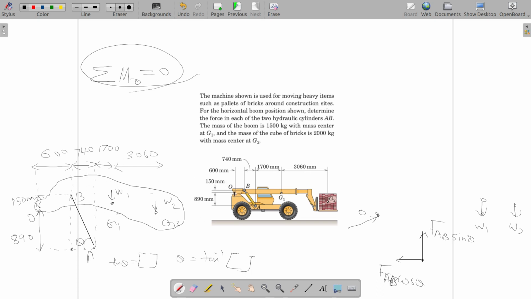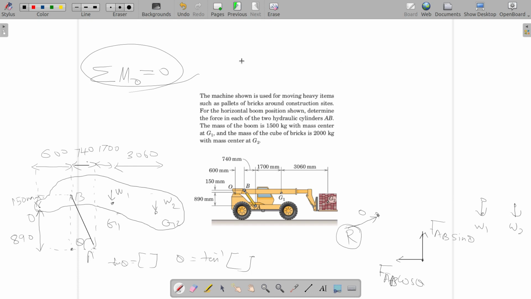From this support, there is some force about which we don't care because it's passing through O and we are taking moment about O, so we don't need to worry about it. And the force from the piston AB on the horizontal arm is split into two parts, FAB cos theta and FAB sin theta, in which theta is already calculated, and then you have W1 and W2, which are all known.